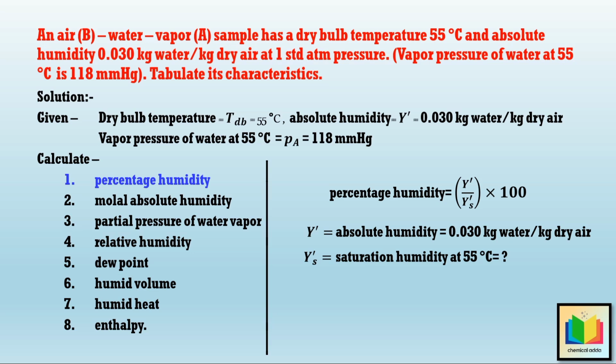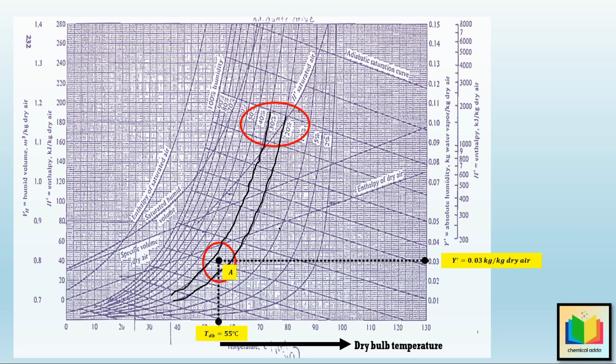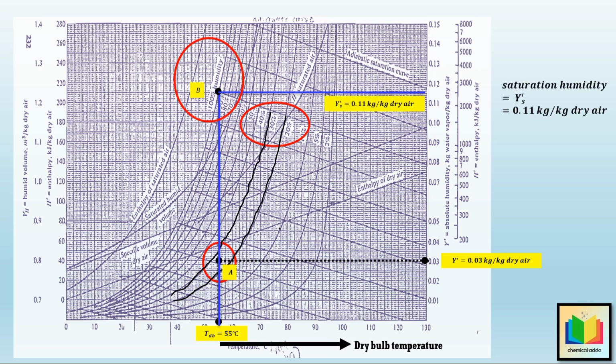To calculate Ys dash, that is saturation humidity, in a psychrometric chart, draw a vertical line from the dry bulb temperature of 55 degrees Celsius until it meets the 100% humidity curve. Let's call this point B. Now, draw a horizontal line from point B, which gives a value of saturation humidity, Ys dash, equal to 0.115 kilograms water per kilogram dry air.